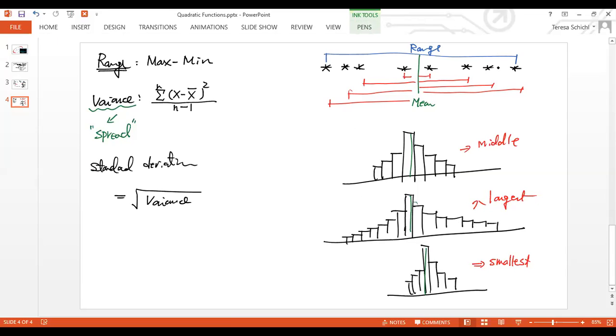As you can see, the range only looks at the largest one and the smallest one. It misses all the values in between. That's why the variance uses each observation, how far away each observation is from the mean.